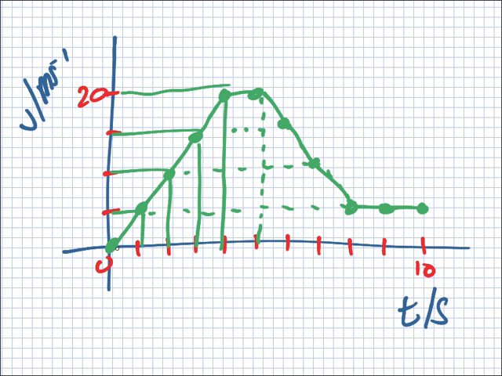Okay, so let's see, what's the area here? 1, 2, 3, 4. So a half times 4 times 20. So is that 40? 40 meters? Yeah. Okay, this piece here, that's 20 meters.